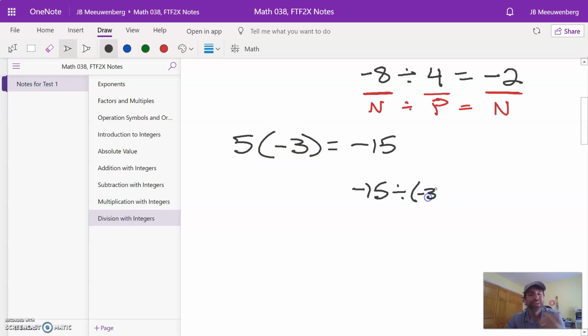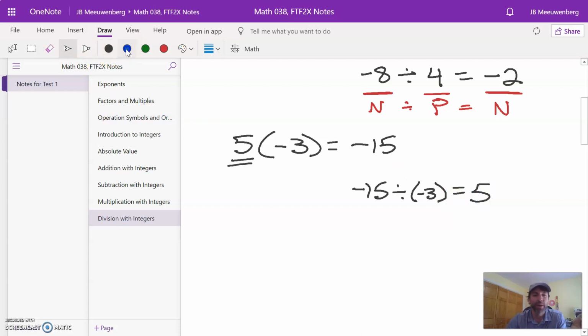Notice how I'm going to put it in parentheses. Remember why I'm doing that? I want to separate the symbols. I don't like to have two operations right next to each other. It's simply grouping the negative with the 3. So -15 divided by -3 equals that number, 5.